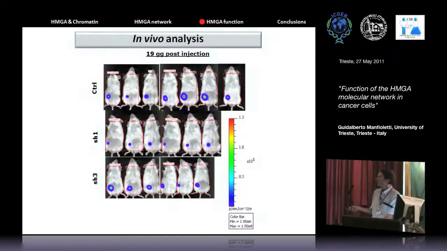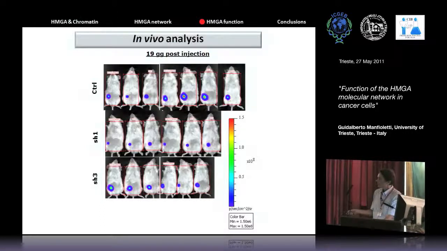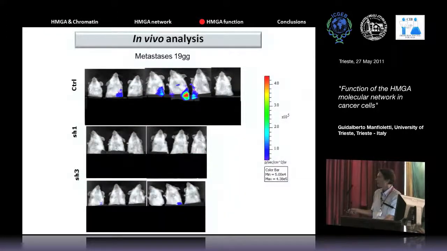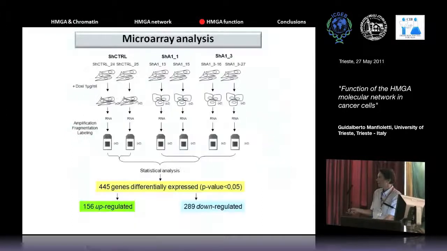And more importantly, in vivo analysis tells that, even though these are preliminary data, the mice that were injected in the mammary fat pad developed tumors which are much smaller than the control ones, and what is more important is that they do not develop or develop few metastases, while the control mice, almost all of them, develop metastases.